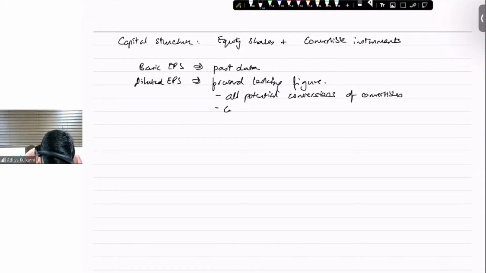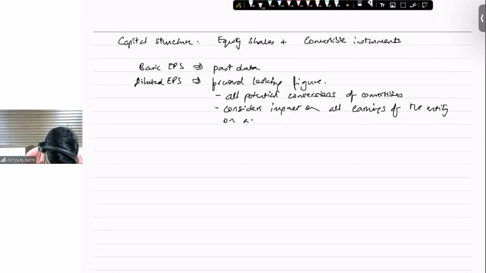Not only that, it considers the impact on all earnings of the entity on account of conversion.